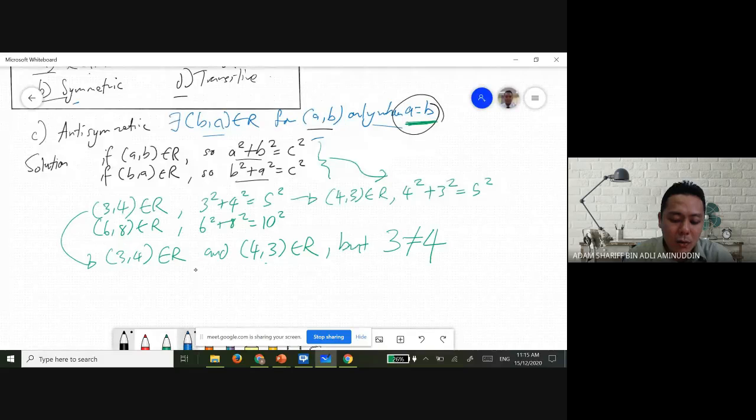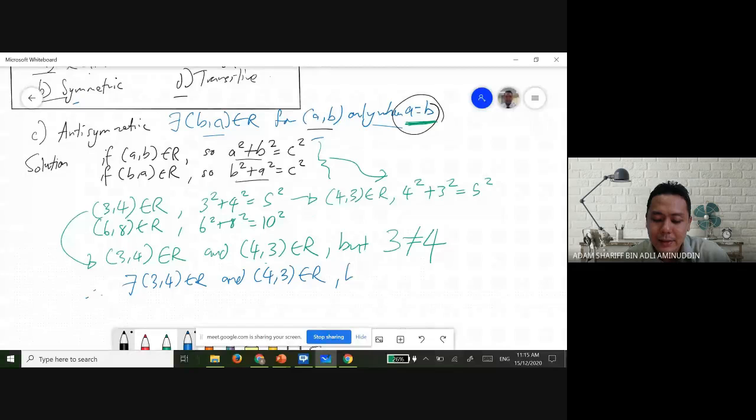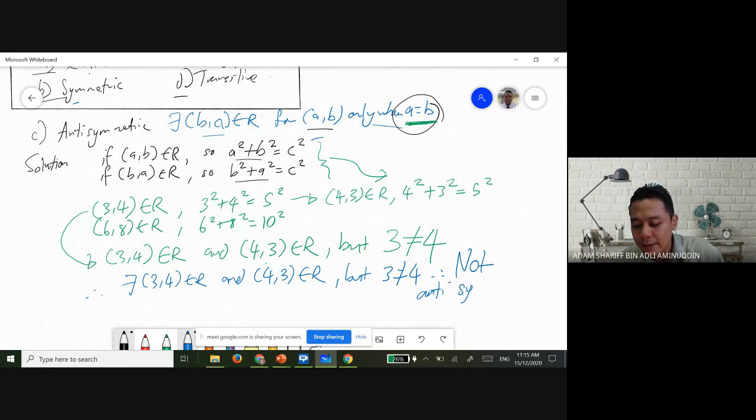So as my conclusion, there exists 3, 4 in R. This is by counter example, and 4, 3 in R. But 3 is not equal to 4. Therefore, not anti-symmetric.